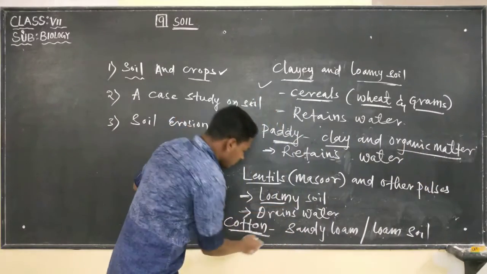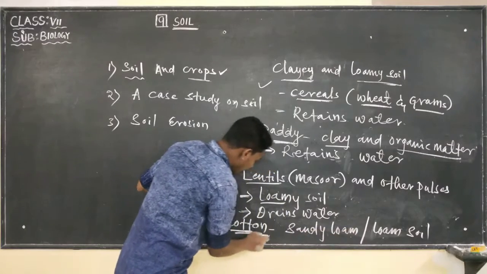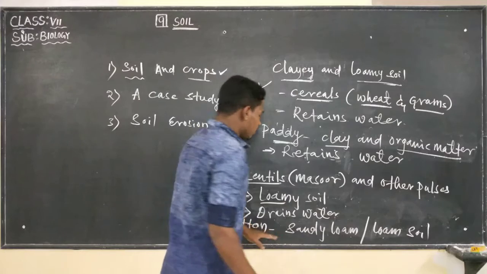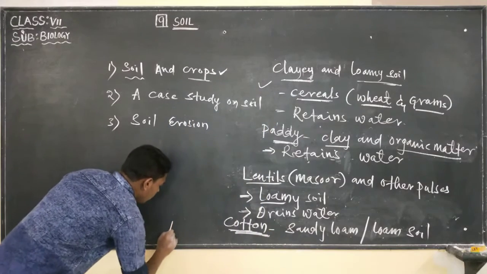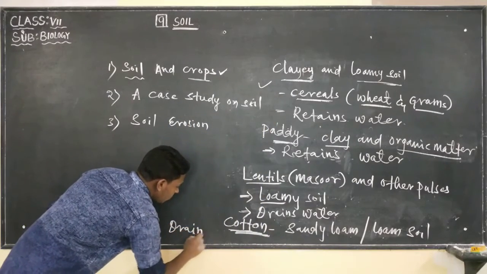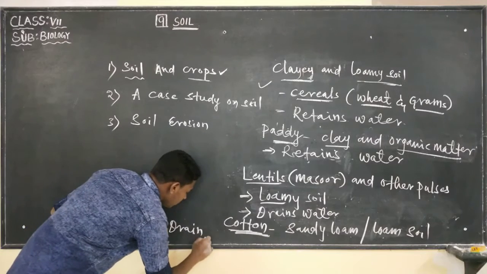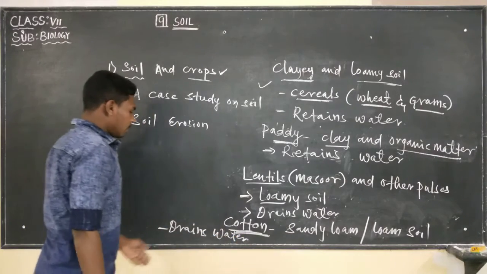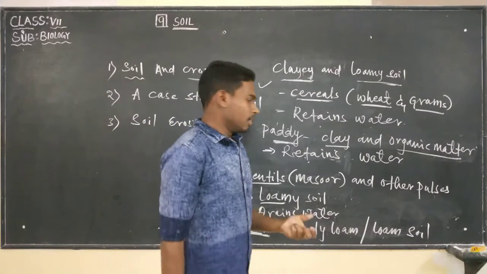The crop grown in this type of soil is cotton. This soil also has the ability to drain water.